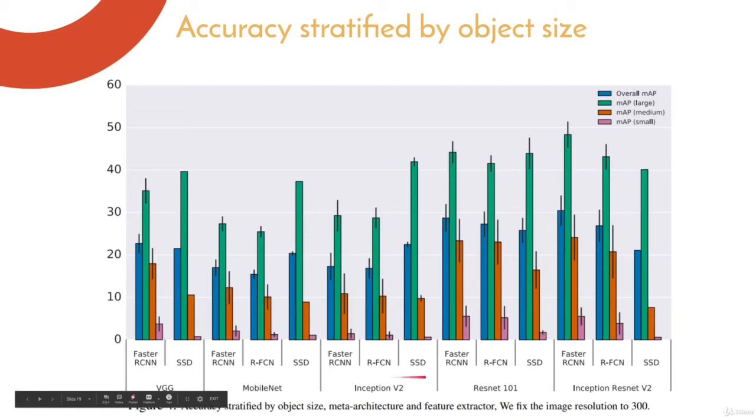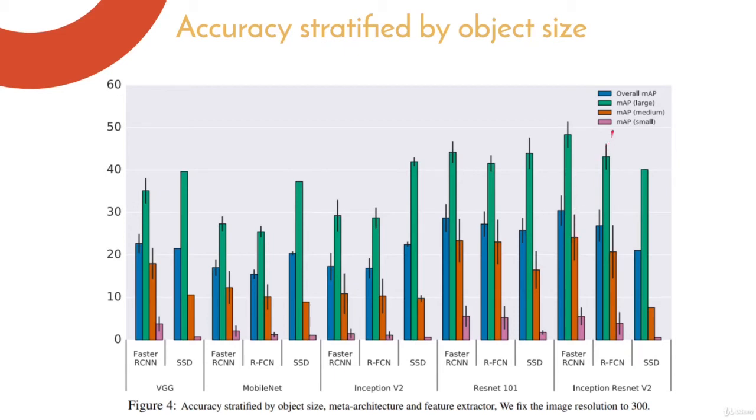For example, we see that overall, when the objects are large, then faster RCNN works best. It has the best mean average precision. And when the objects are medium, so the orange colors here, we see again that faster RCNN is still the most accurate one for this size of the objects.